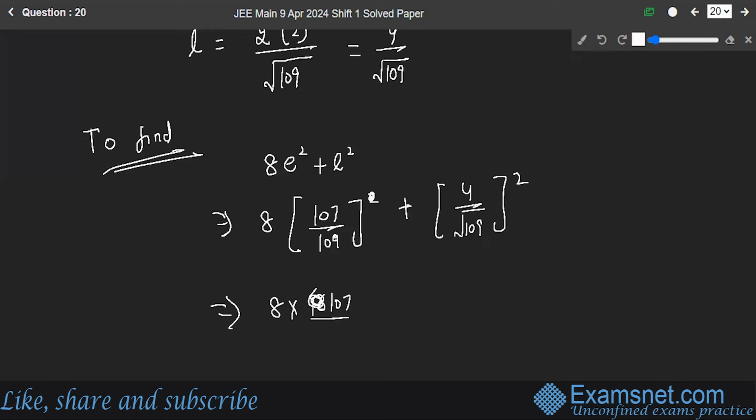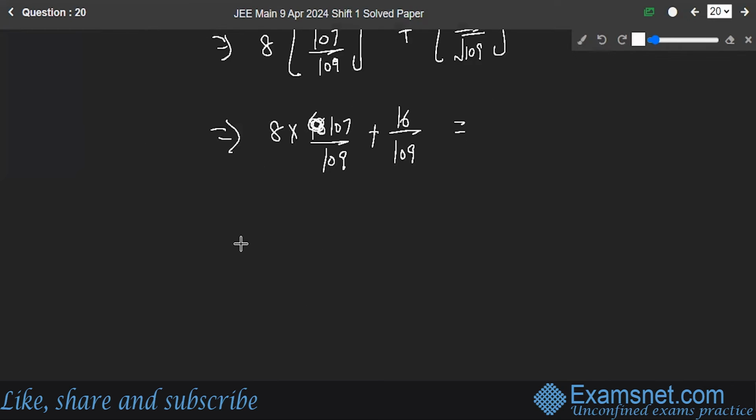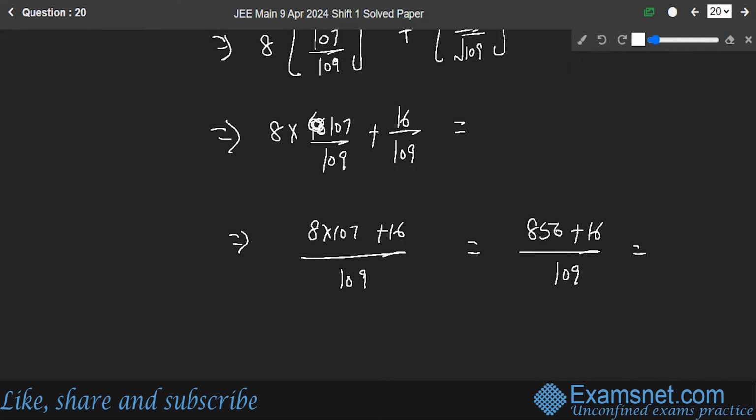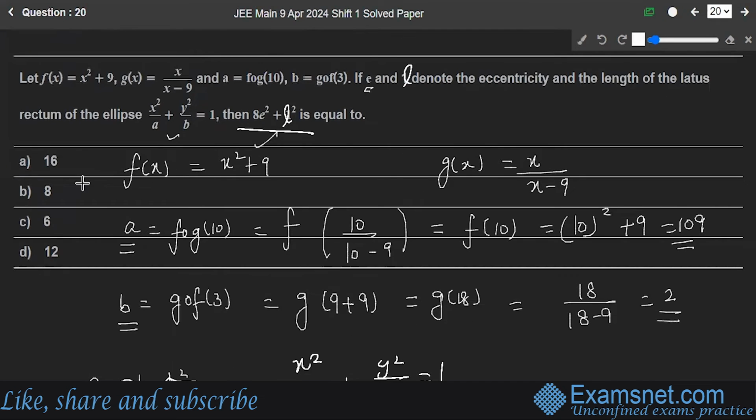And this is equal to 16 upon 109. This gives you 8 into 107 plus 16 upon 109, that is 856 plus 16 upon 109. This is equal to 872 upon 109. The answer will be 8, so option B. This is the right answer to the question.